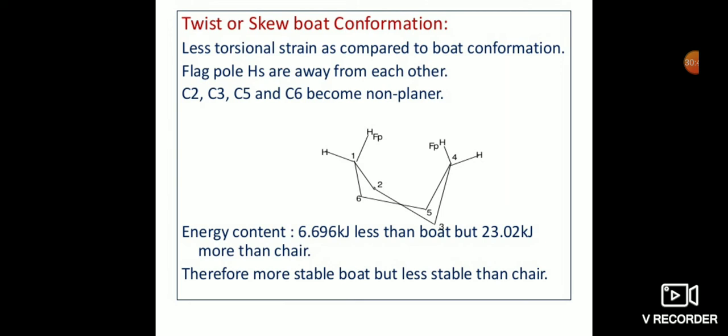So C2, C3, C5 and C6 become non-planar. Here all carbon numbers are given: number 1, 2, 3, 4 and 5, 6. So this way you can get an idea about this. C2, C3, C5 and C6 become non-planar.